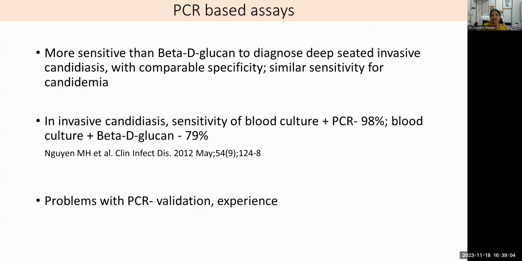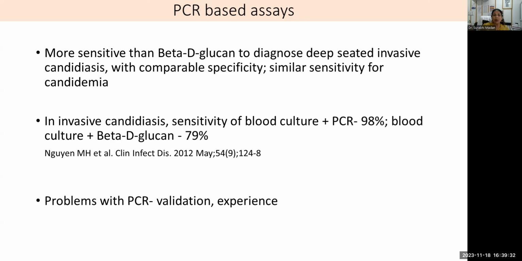Now, there are PCR-based assays. Multiple companies have come up, and there are a lot of assays available in the market. As such, PCR is more sensitive than beta-D-glucan to diagnose deep-seated invasive candidiasis. If specificity of both is the same, there is similar sensitivity of both in candidemia. So yes, PCR is better when you have a non-candidemic invasive candidiasis.